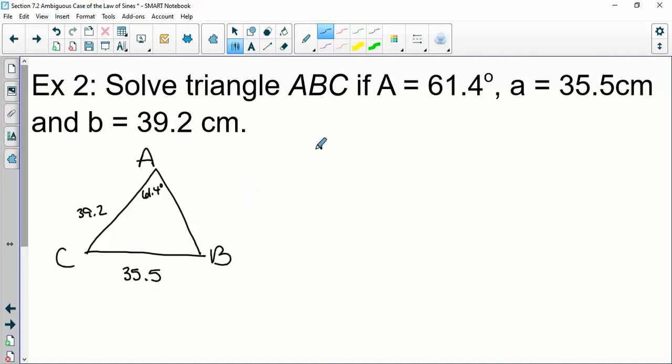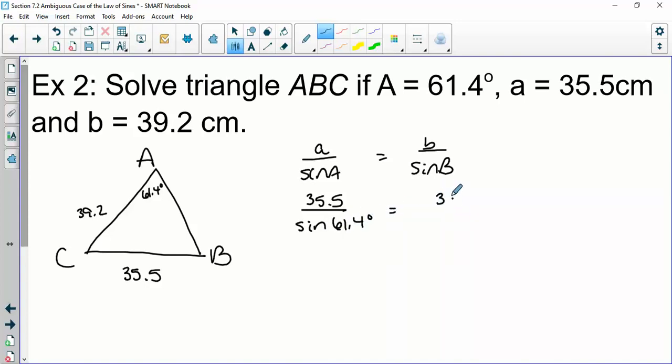Angle B. We can do A over sine A equals B over sine B. Plug in our values and cross multiply.